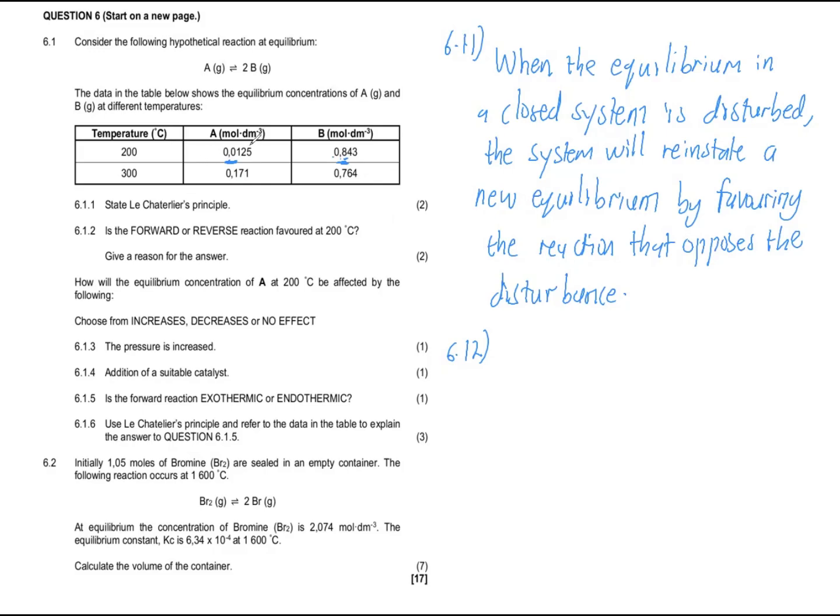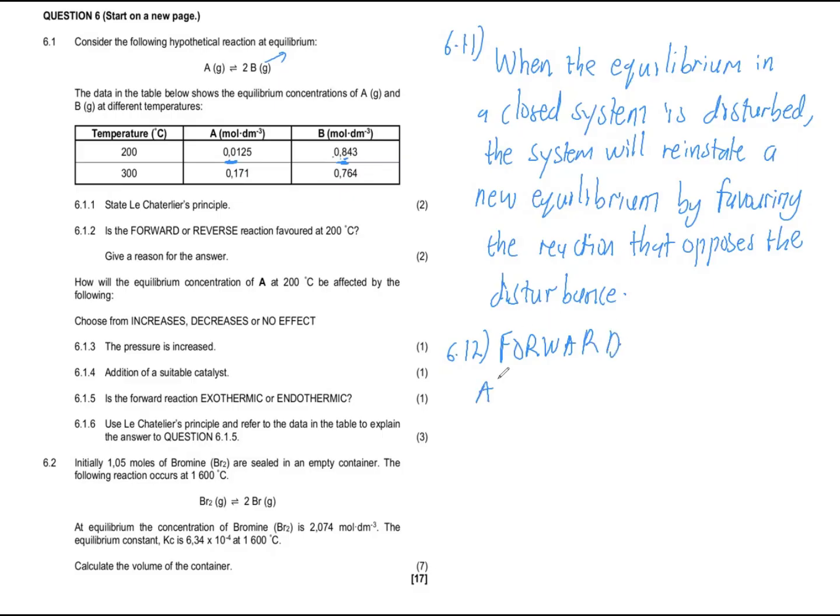It's not about the number of digits after the comma, but just about the number. So it's 0.0, which makes this one smaller. This is 0.8, which makes it big. So in this case, we can see that the product side has more concentration, which suggests that the forward reaction is the one that is favored. So forward.